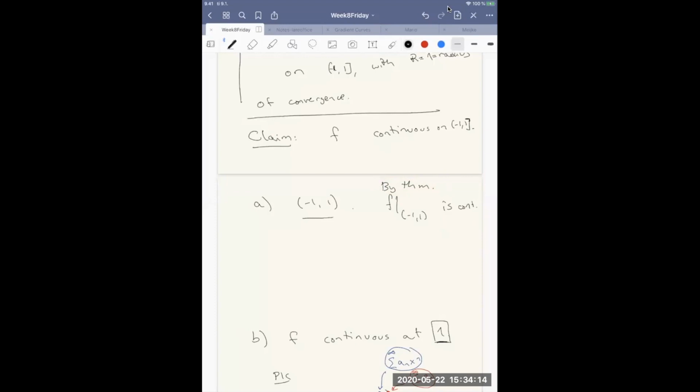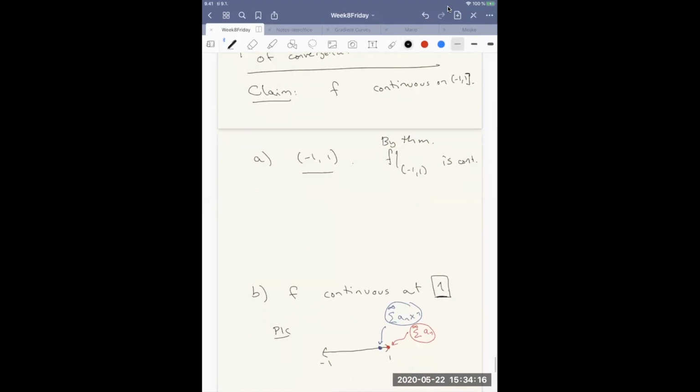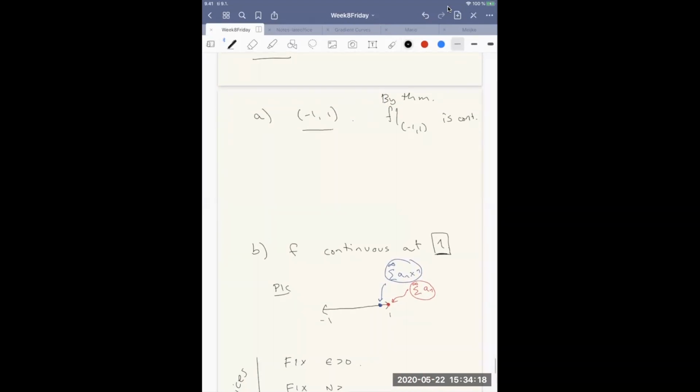So the next thing, what we really want to prove, and the heart of this proof, is proving continuity at 1. And pictorially what is happening, what we want to prove is that if we take an x and send it towards 1, the value of the function f(x) converges to the value of f(1).